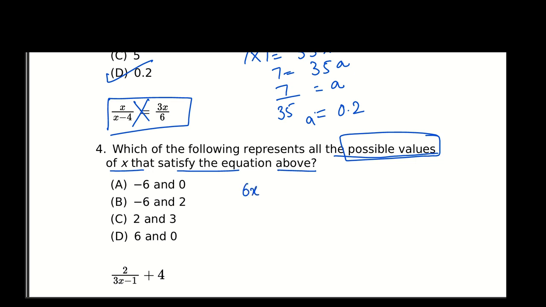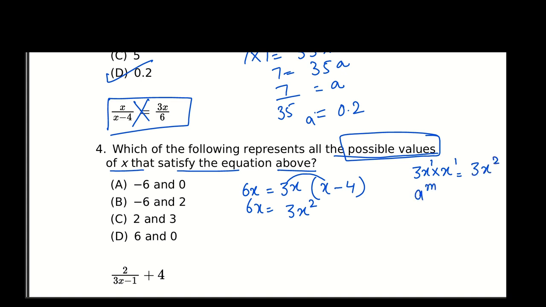So 6x, cross multiply, 3x multiplied by x minus 4. 6x is equal to 3x square minus 12x. When we multiply 3x by x, the powers are added by the formula a^m times a^n equals a^(m+n). So 3x square minus 12x minus 6x is equal to 0.